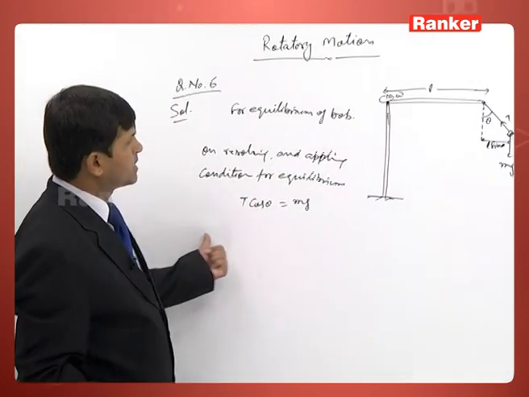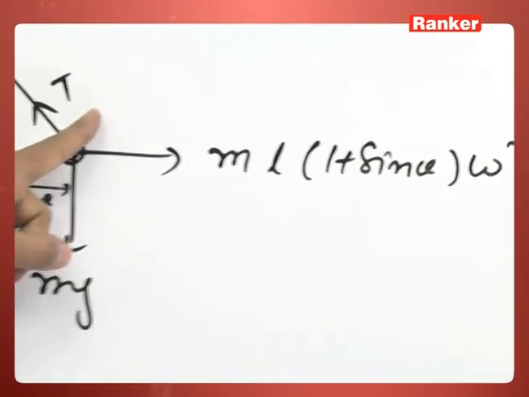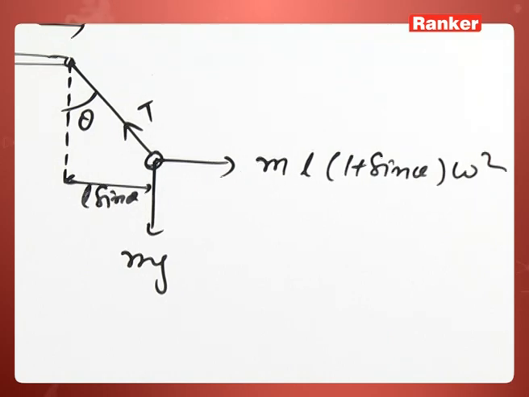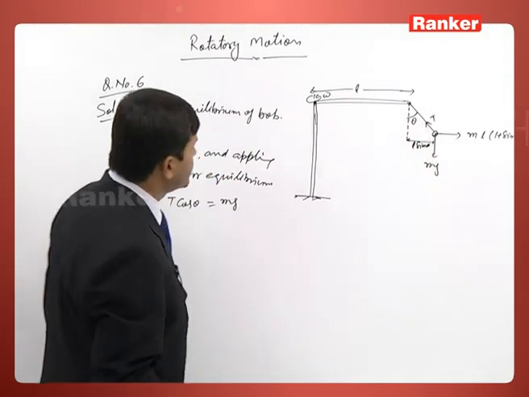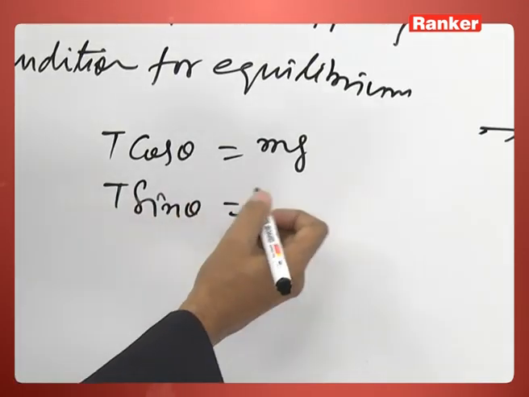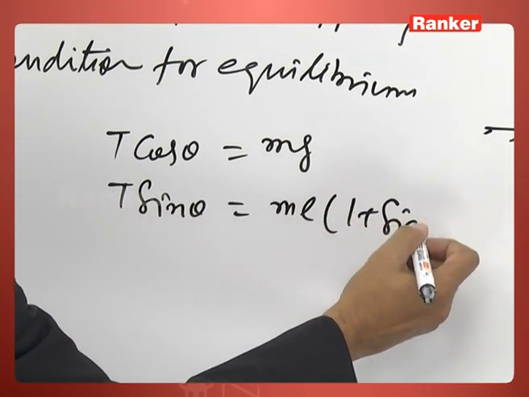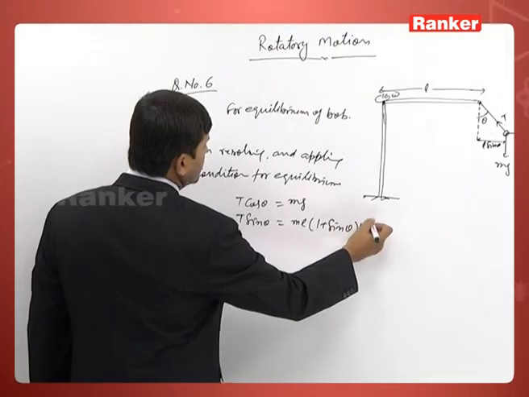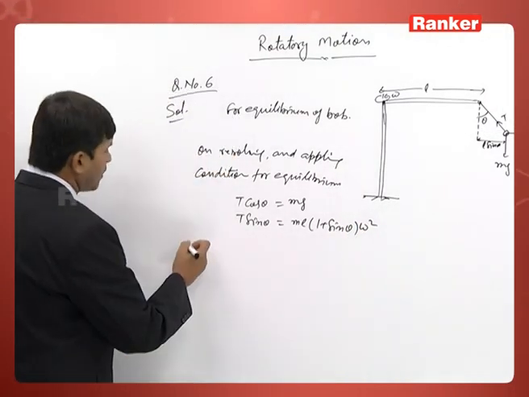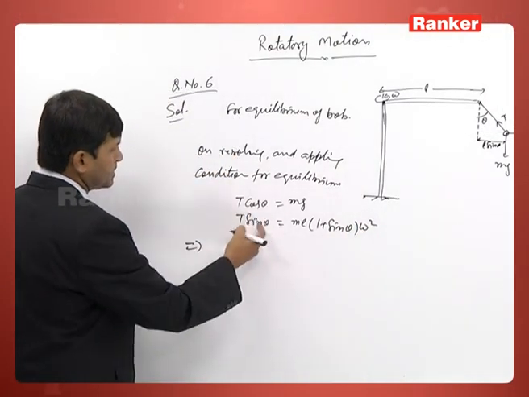Now see the equations. T cos theta is mg, T sin theta is m L (1 plus sin theta) into omega square. Now from these two equations, just divide.